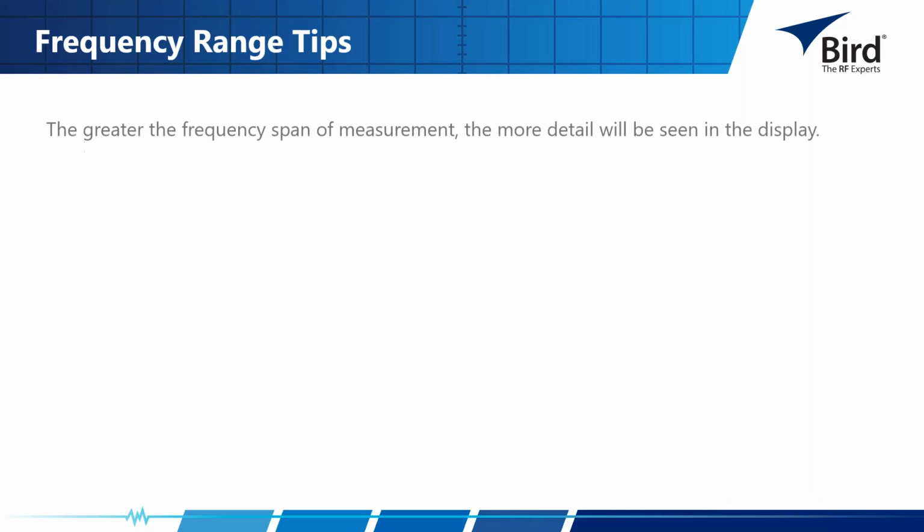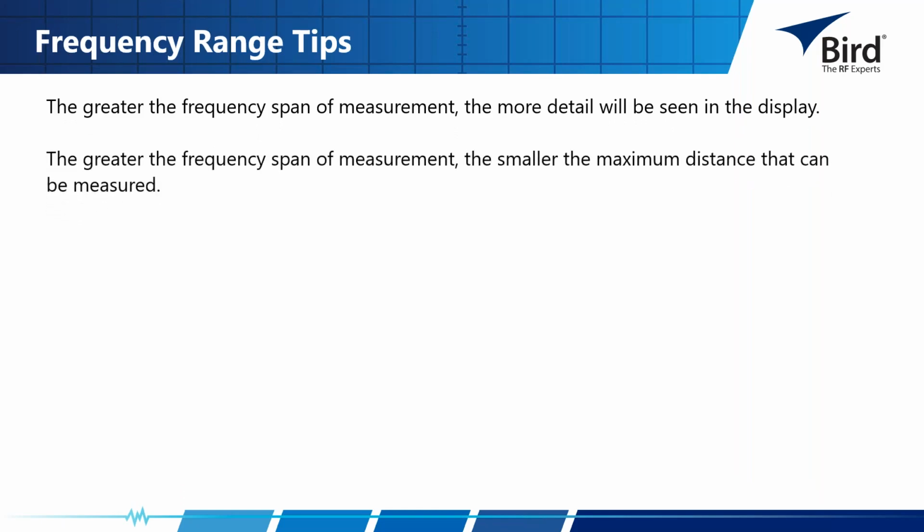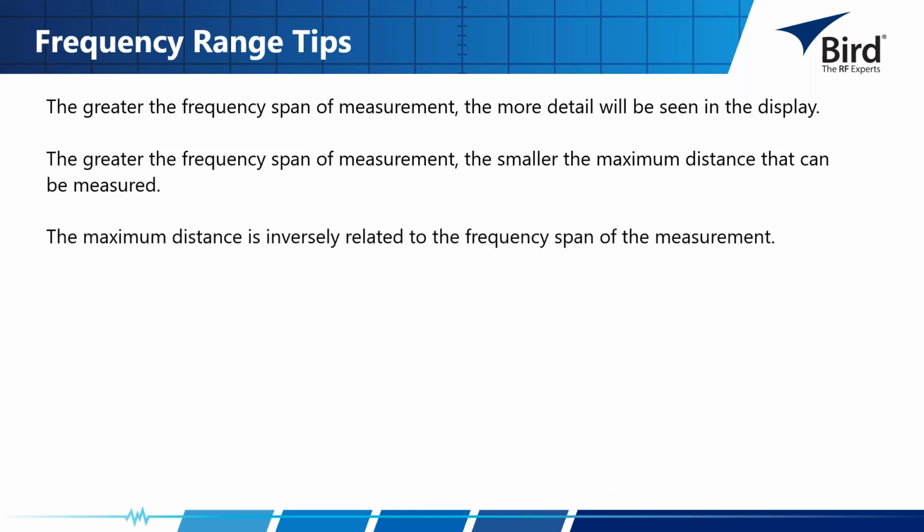So here's some frequency range tips. The greater the frequency span of measurement, the more detail will be seen in the display. The greater the frequency span of measurement, the smaller the maximum distance that can be measured. The maximum distance is inversely related to the frequency span of the measurement.